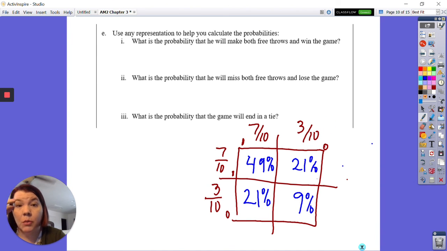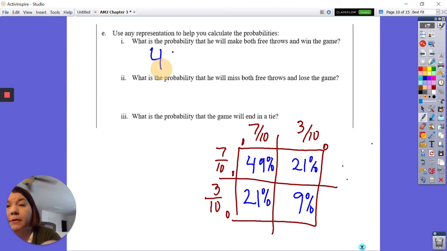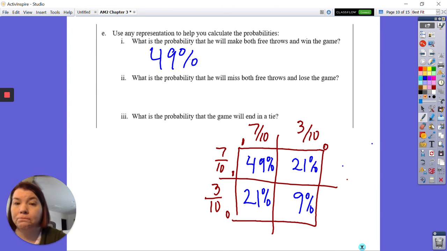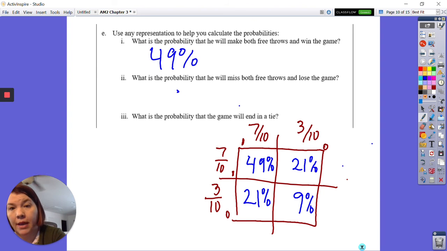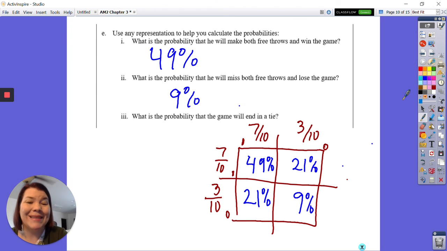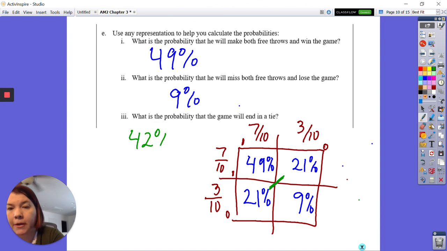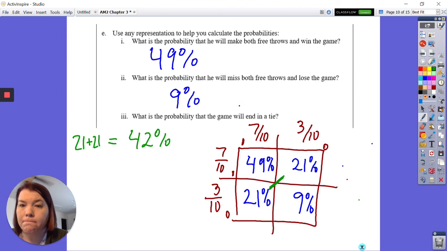Okay, so what is the probability he will make both free throws and win the game? 49%. What is the probability that he will miss both free throws and lose the game? 9%. What is the probability that the game will end in a tie? 42%, which came from 21 plus 21. Okay?